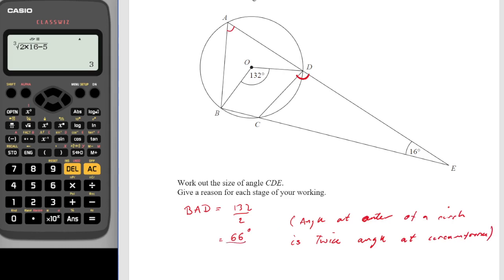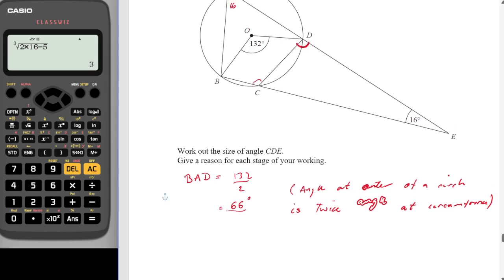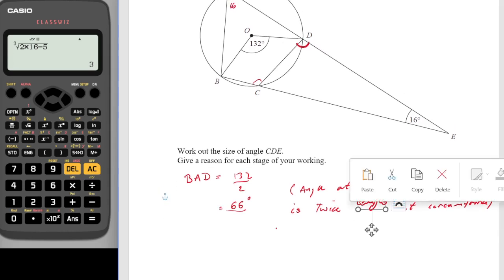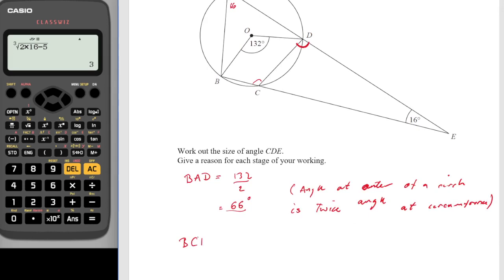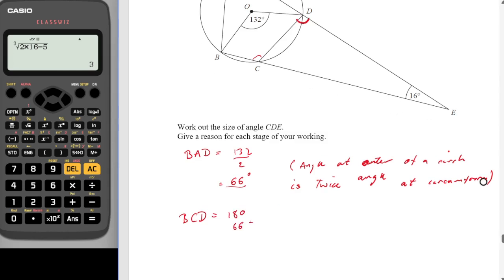Right, I'm then going to say that this angle here, so I'll label that there, this angle here, well, cyclic quadrilateral opposite angles add up to 180, so BCD is equal to 180 minus 66. So that's going to be 114.